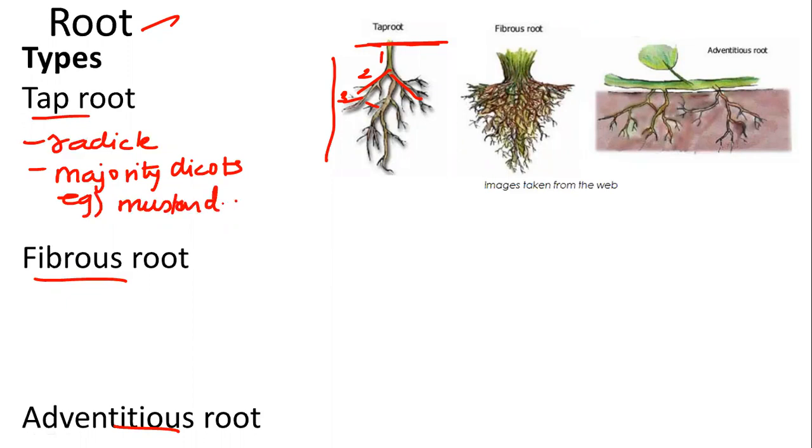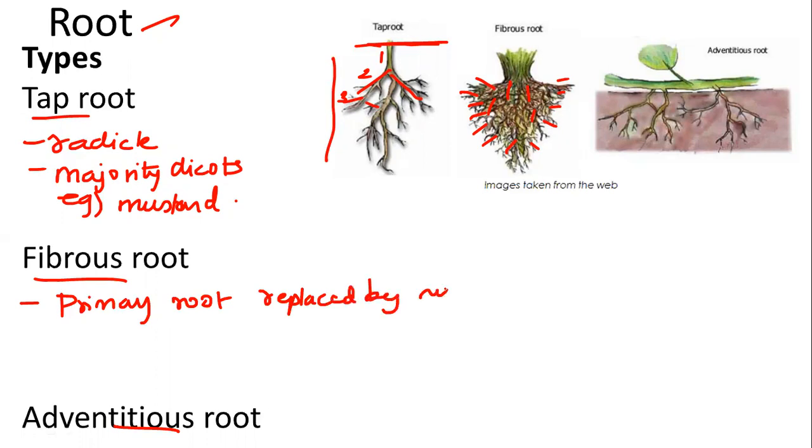Next one is fibrous root. In a fibrous root, the primary root is short lived. First a primary root is formed, but it is very short living, and it is replaced by numerous short roots.